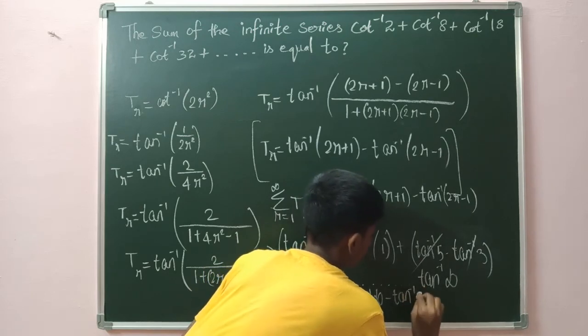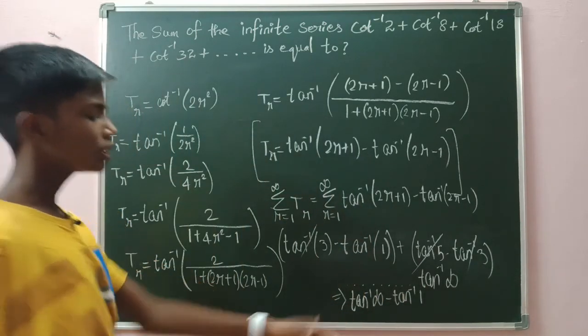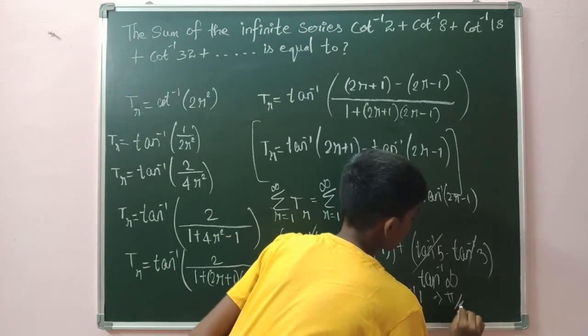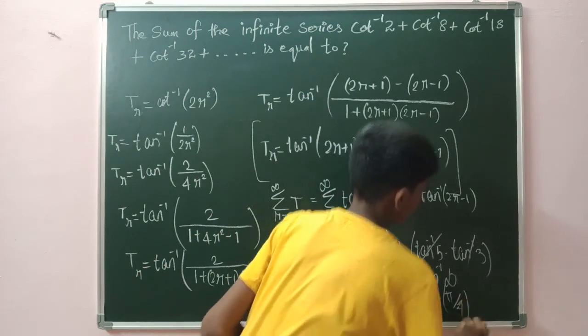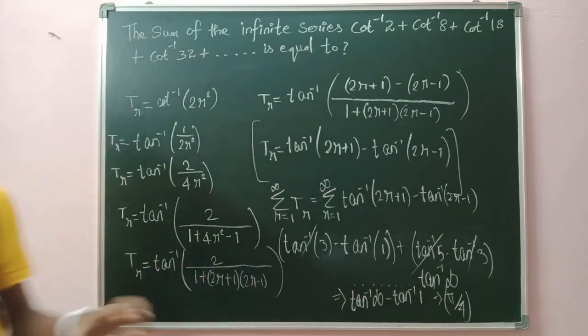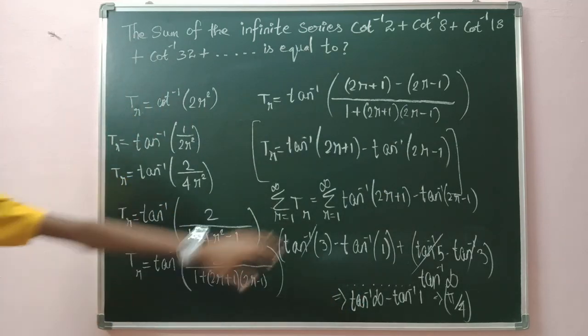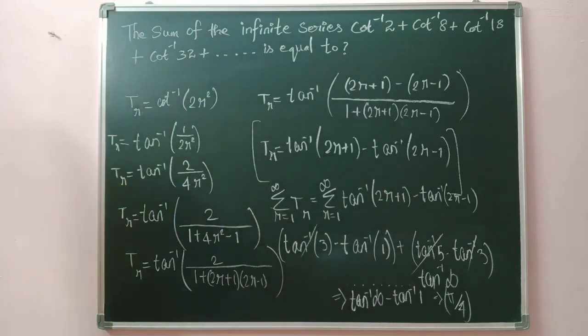So tan inverse of infinity and tan inverse of 1 give pi by 2 minus pi by 4. So the final answer is pi by 4, and that's the answer for the question. Tan inverse of infinity is pi by 2, tan inverse of 1 is pi by 4, and pi by 2 minus pi by 4 is pi by 4. Just cancel all the terms, and that is how you solve this question. So the answer is pi by 4.